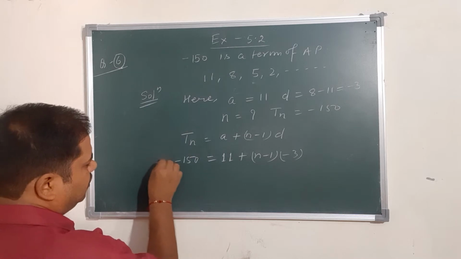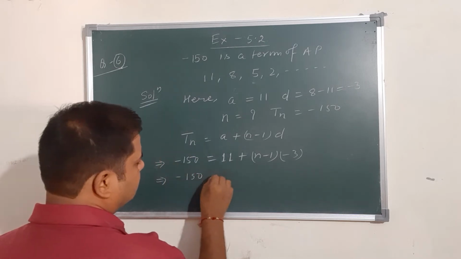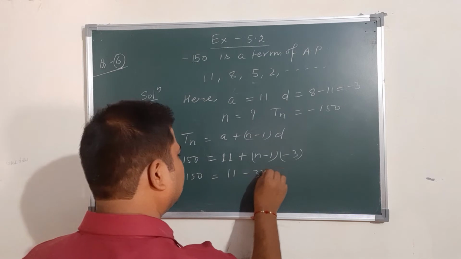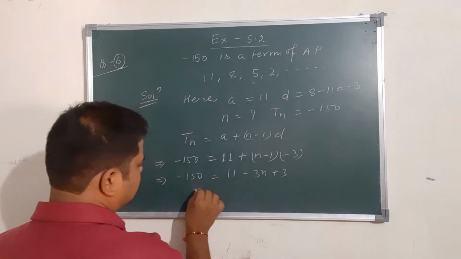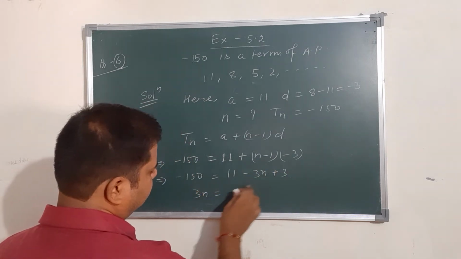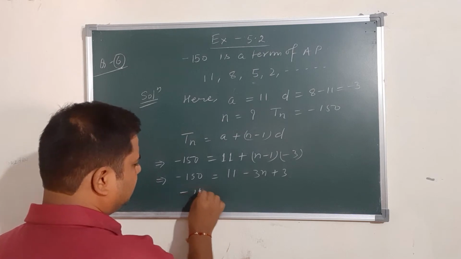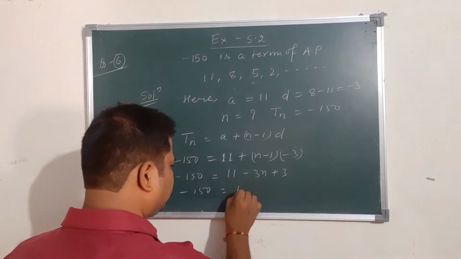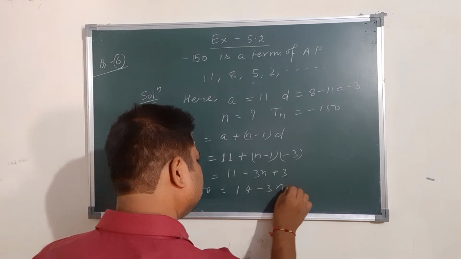So minus 150 is equal to 11 minus 3n plus 3. So minus 150 is equal to 14 minus 3n.